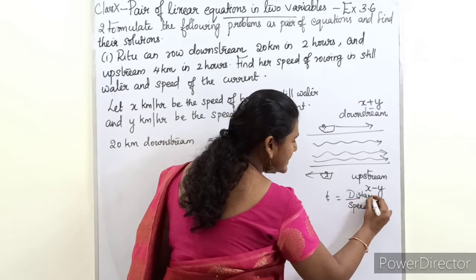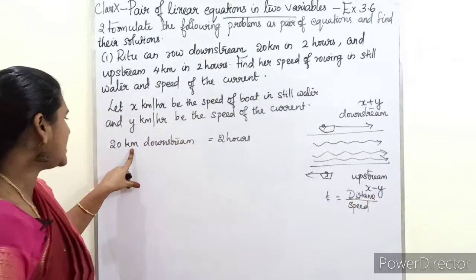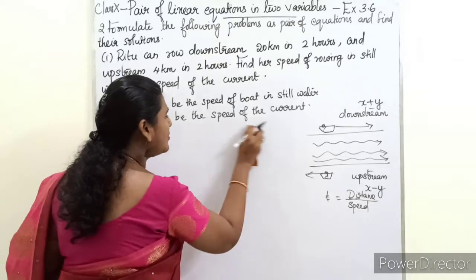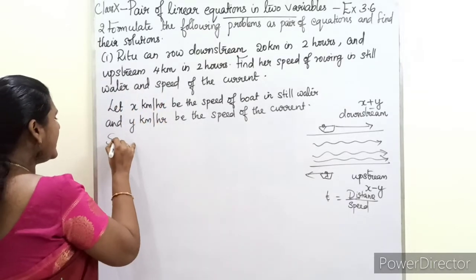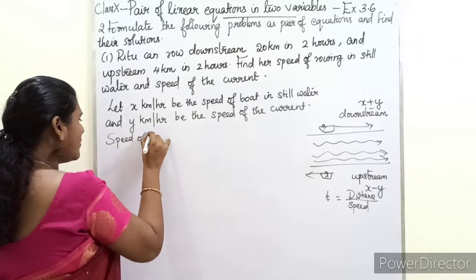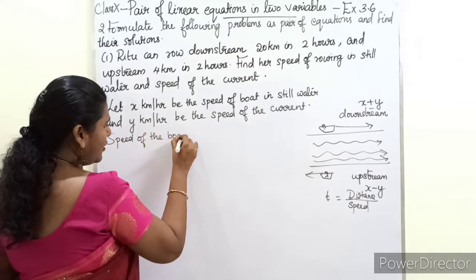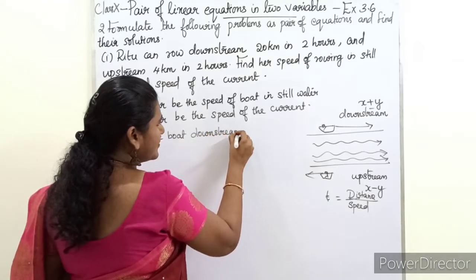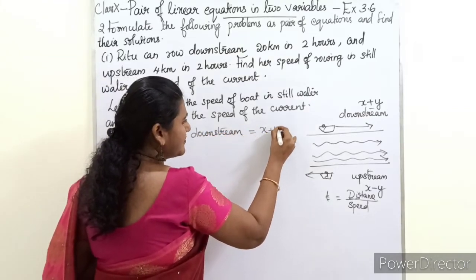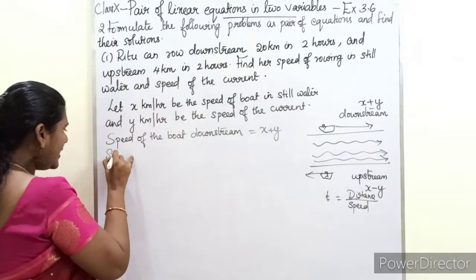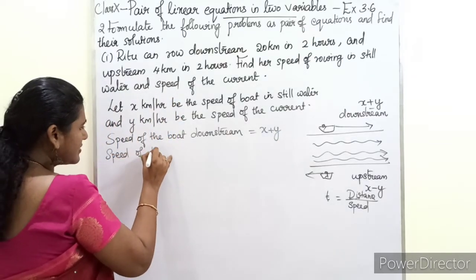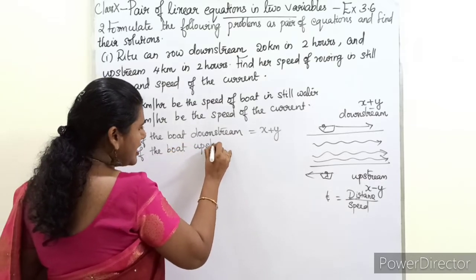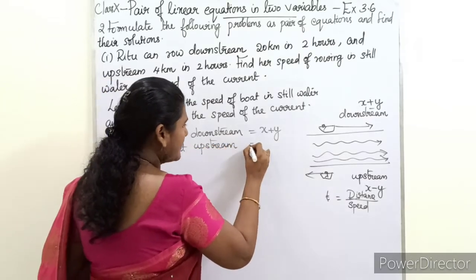So here the distance is given as 20 km and the speed downstream. So we will write that also, speed of the boat downstream equal to x plus y, and similarly speed of the boat upstream equal to x minus y.